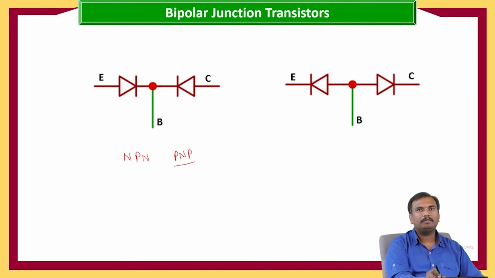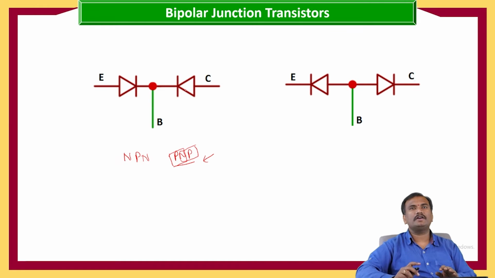If we take the PNP, it is a PN junction first, so this is the PN junction diode, and this is a PN junction diode in the reverse direction. P is from this direction, so the diode is replaced here, anode is connected in this direction. So these two diodes are connected in the opposite directions.